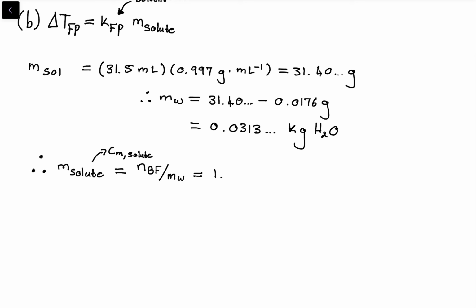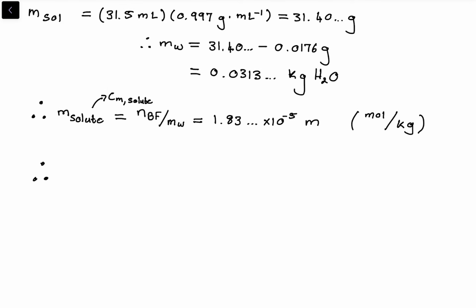And you should find a value of 1.83 times 10 to the minus 5. When you calculate molality, the unit is molar, or mole per kilogram. But mole what? Mole solute per kilogram solvent.